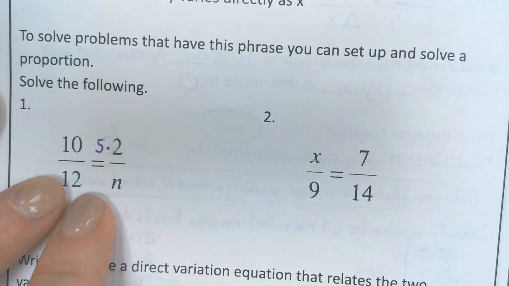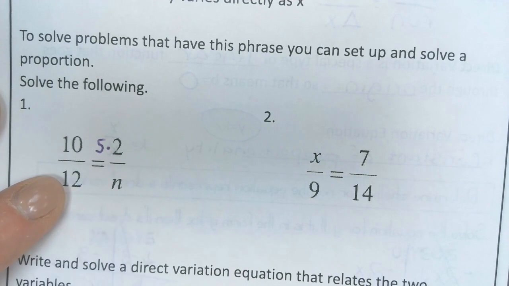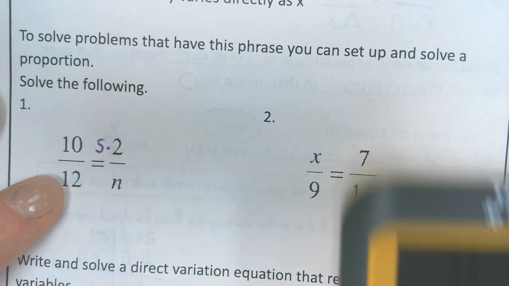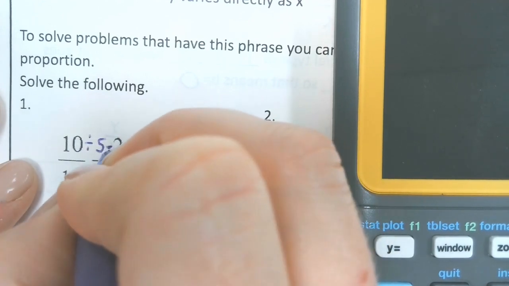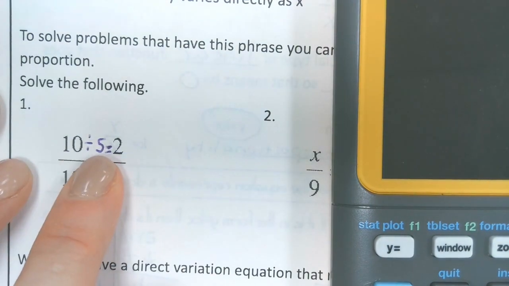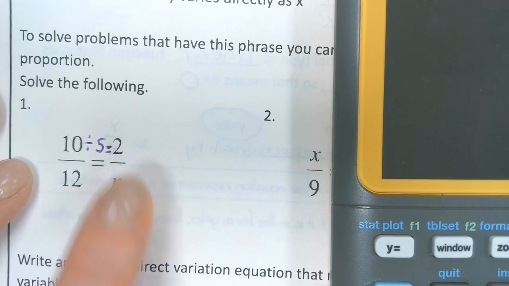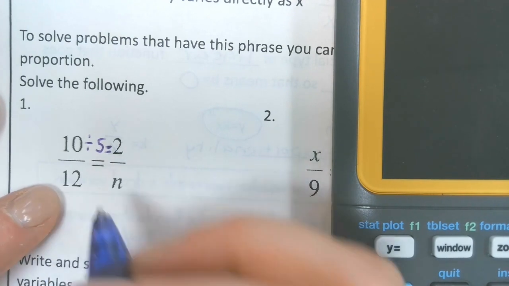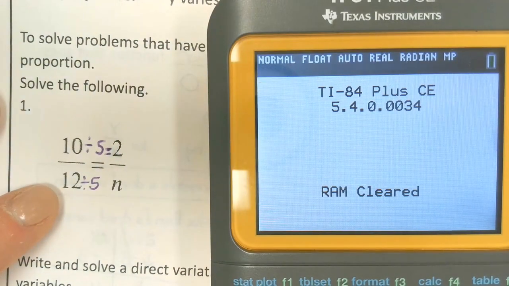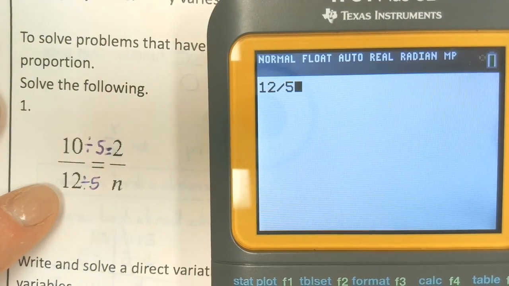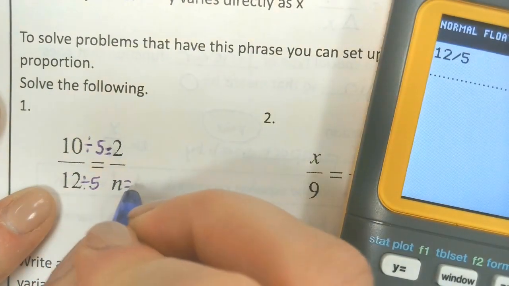But what times 5 is going to give us 12? How do we find that? Or I guess it's really divided by, right? We could do it that way. 10 divided by 5 gives us 2. So how do we find n? Yeah, divide by 5. So it might be a decimal, but that's okay. 12 divided by 5, 2.4.